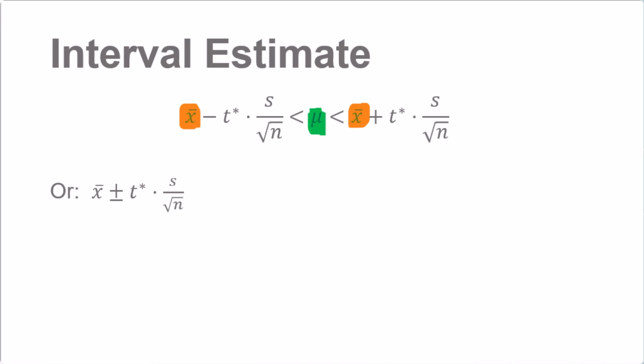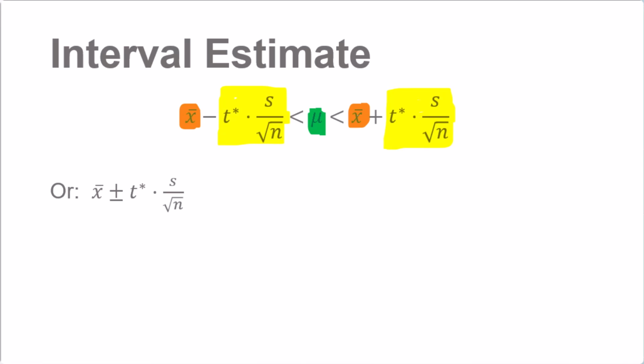So I have mu here in the center, and my upper and lower bounds of that interval estimate are x bar plus and minus the critical value times the standard error. That is this expression that I'm highlighting in yellow, this t star times s over root n. So s over root n was the standard error. T star is the number of standard errors we want to use. That's our critical value. In this case, that was just over 2.